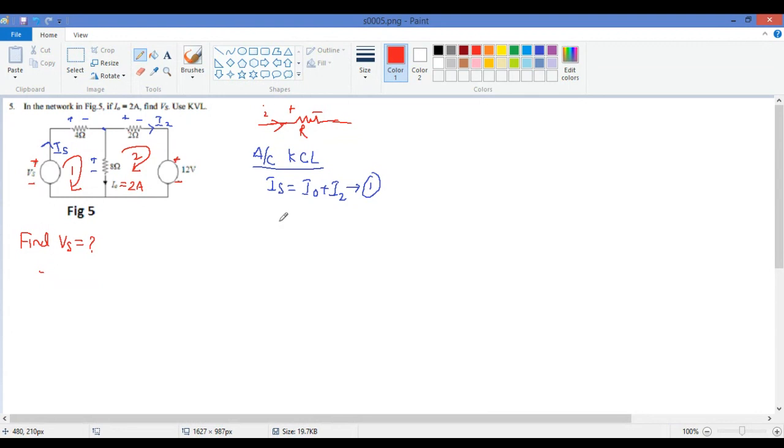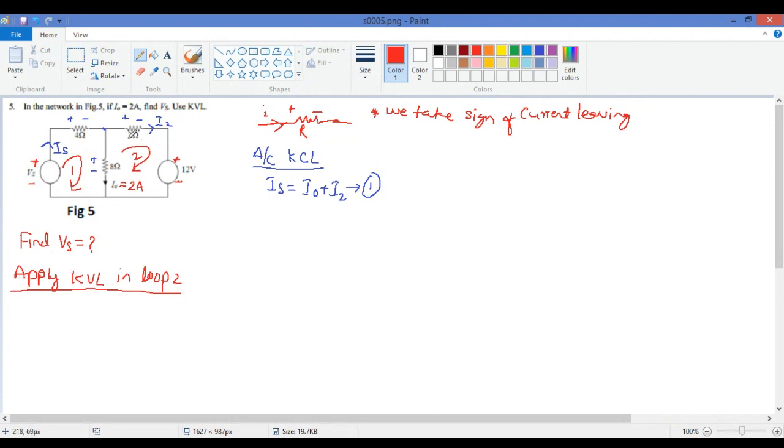One more thing to note down: for this tutorial, we take the sign of the current leaving side, the element from where the current is leaving. Now let us apply KVL in loop 2.